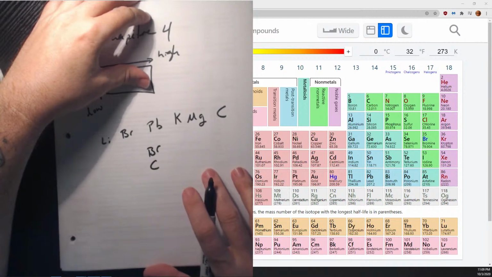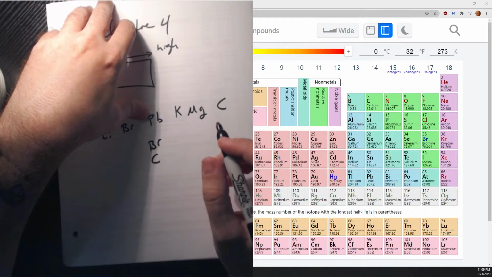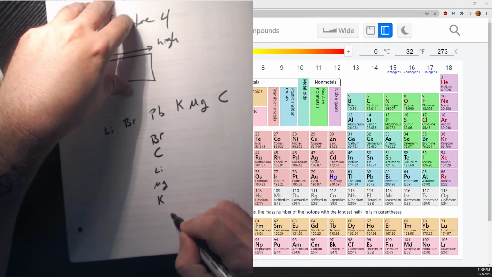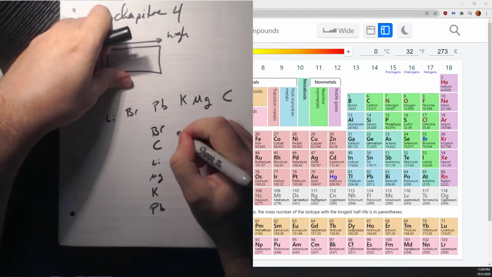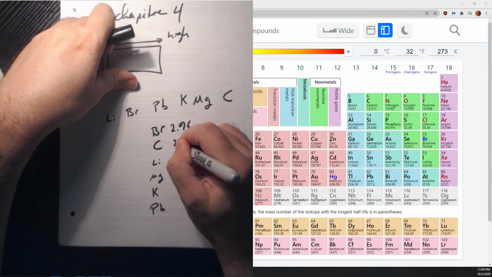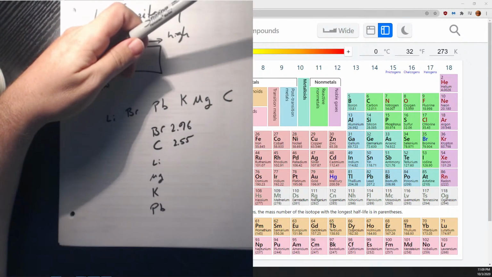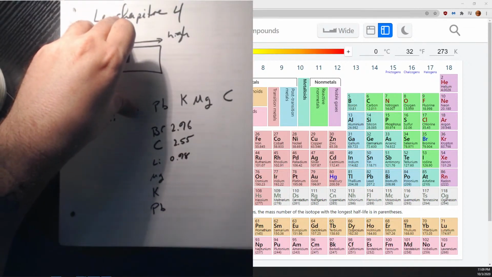Lithium versus magnesium. I'm going to go with lithium before magnesium, and then potassium, and then lead. Lithium, magnesium, potassium, lead. So let's see, lithium is 0.98.